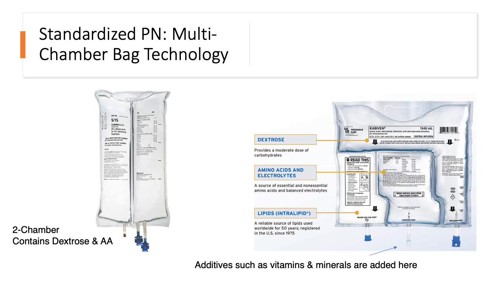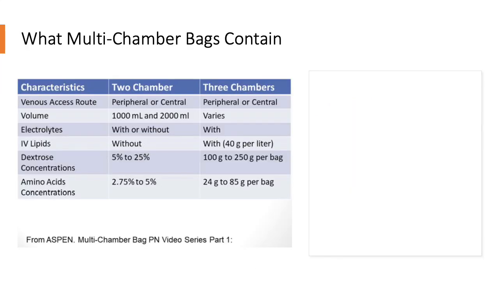As I said previously, it follows those good manufacturing practices, so there could be improved safety and quality there, and it could help reduce sources of contamination versus a compounded product. And this will contain a more moderate level of electrolyte since it is standardized, and still, remember, we still have to add the vitamins and the trace elements. And here's a table that has a comparison of two different multi-chamber bag products and what they contain.